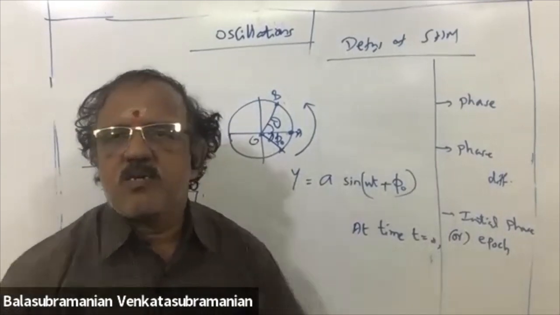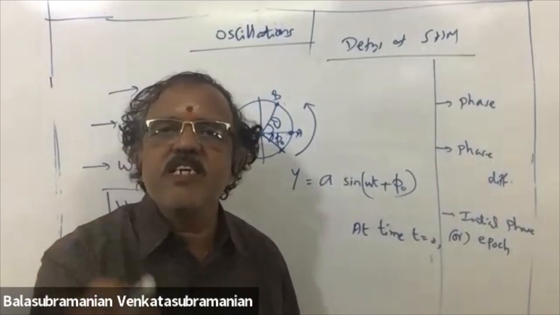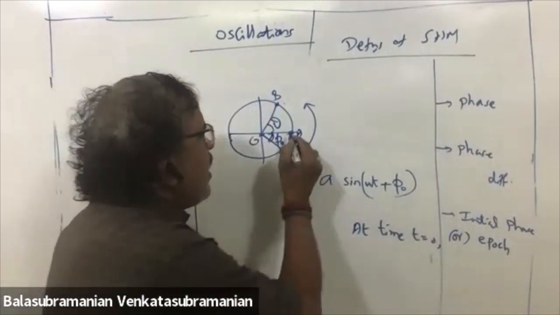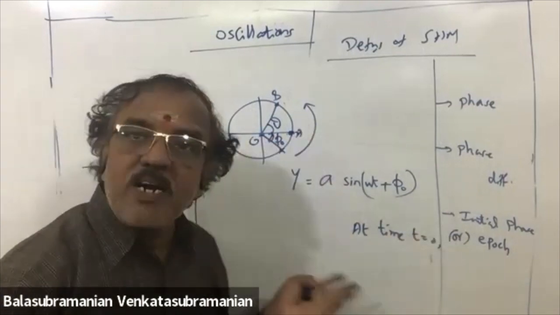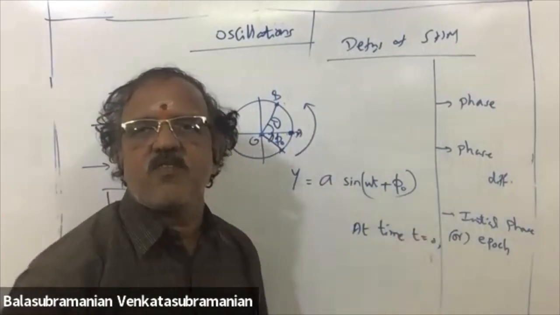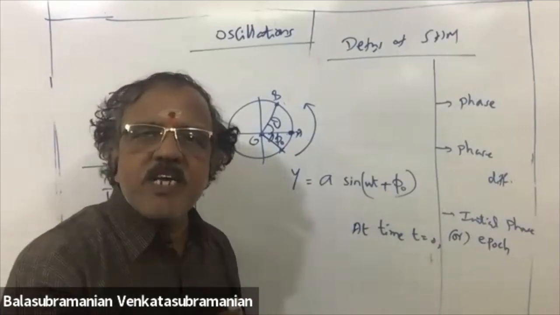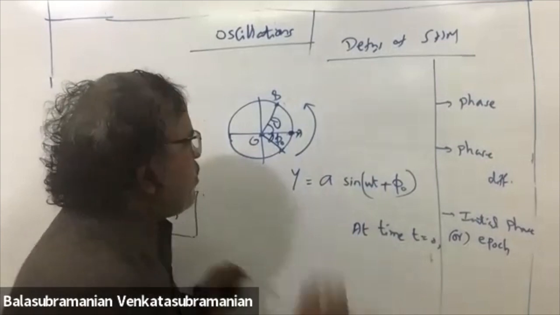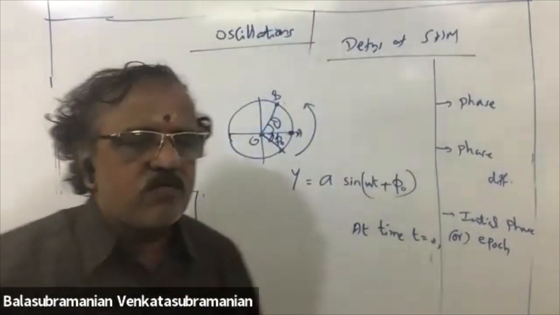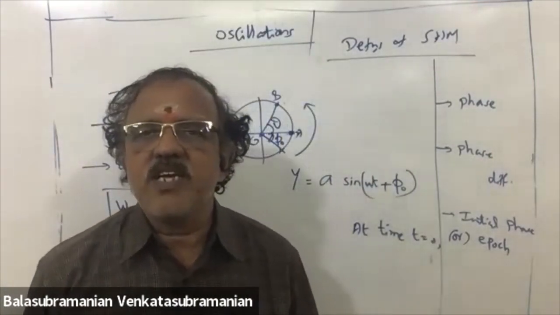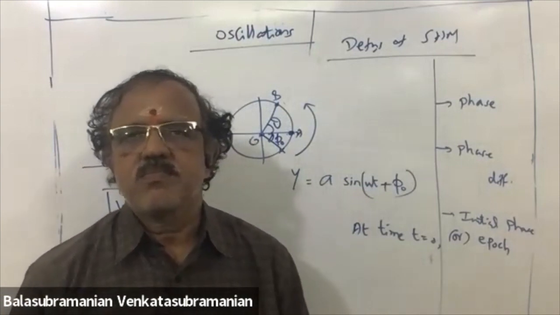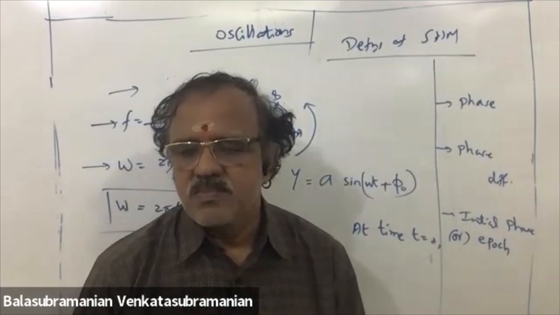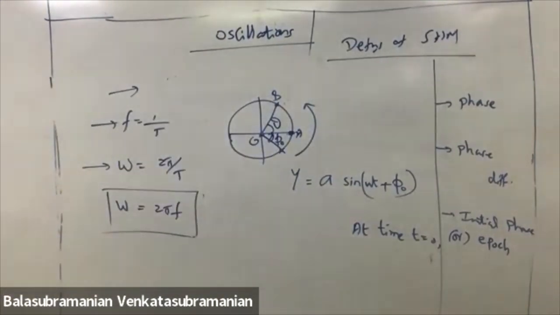You can put theta naught. At time t is equal to 0, at that time only I have started measuring, but the particle started its motion before itself. So at time t is equal to 0, the initial phase is phi naught. So the particle is starting only at A. Then what is the initial phase? Initial phase is 0. It depends how you are taking. Okay, fine.